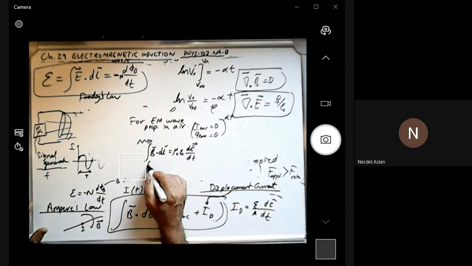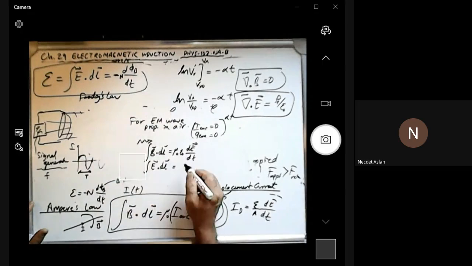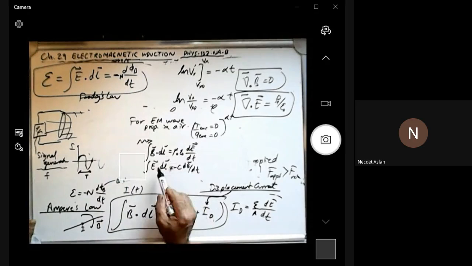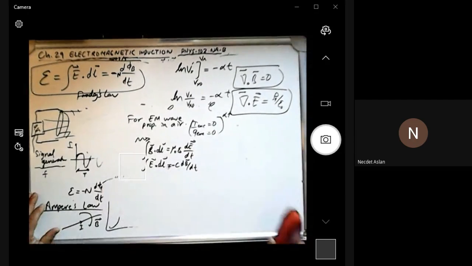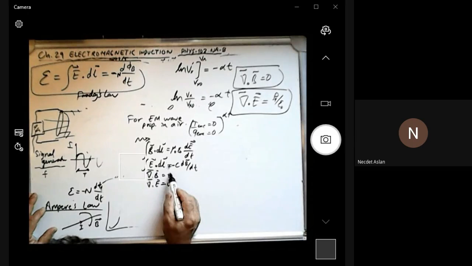And then we have the line integral of E dot dl, which is equal to some constant, with a minus sign, times dB over dt, because d phi B over dt includes dB over dt also. We also have these two equations: divergence of B equal to 0 and divergence of E also equal to 0.